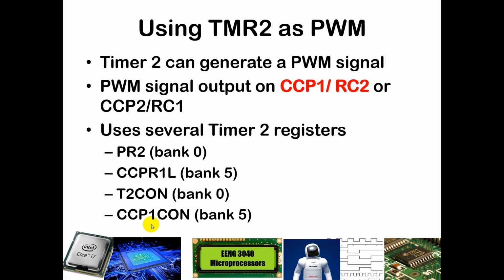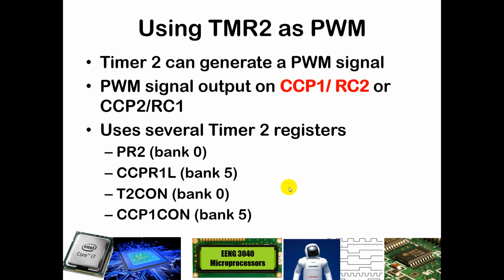But for the remainder of this lecture, we will focus on the registers required to control CCP1. But just keep in mind in your data sheet that you may see, instead of CCPR1L, you may see CCPRXL, because there are two different ones and those registers behave in the exact same way. PR2 is the same for both of those modules. We'll talk about that in just a moment. And T2CON is the same for both of those modules. That is the configuration for Timer 2.